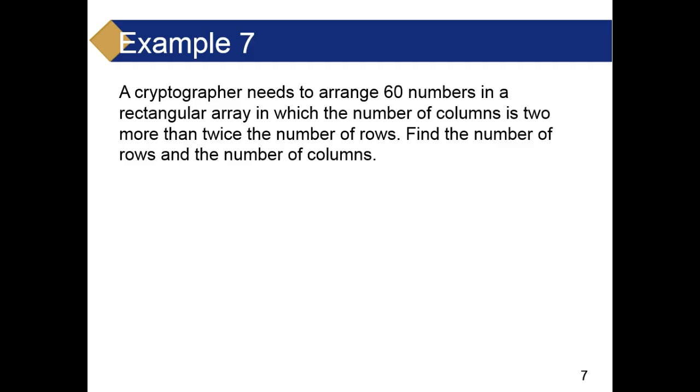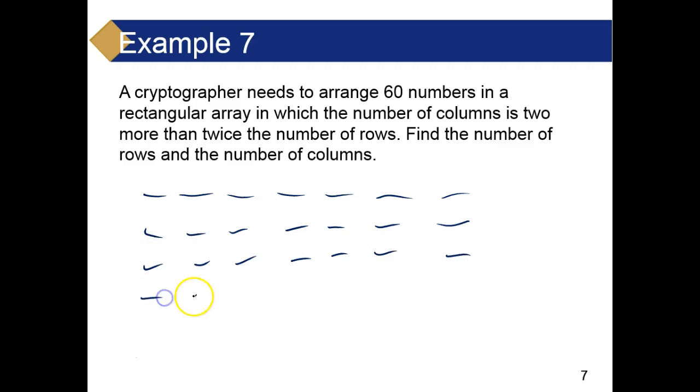I'm not going to do 60, but here's what we're talking about. Rectangular array. This is not going to be the answer, but here's what we mean. That is a rectangular array. It's not the one we're looking for, but the numbers form a rectangle.